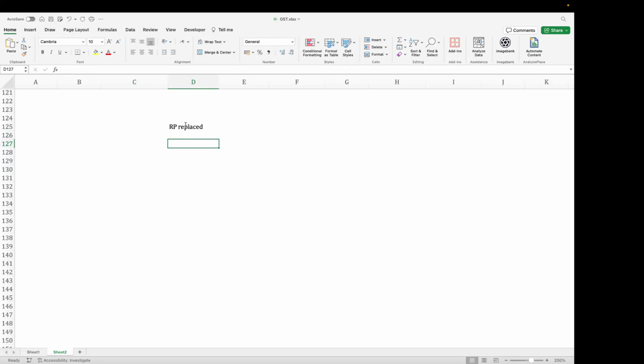What is the position of the new RP? And the next question is, what is the liability of the RP if the RP would like to go with the old registration number, obviously if there is some credit balance and cash ledger balance there?